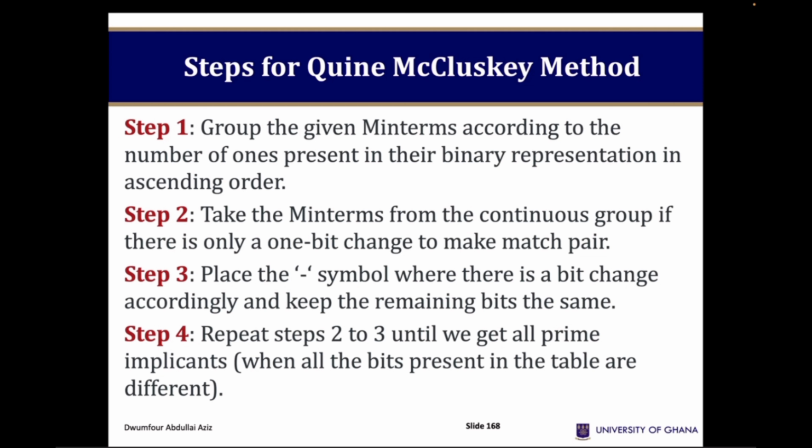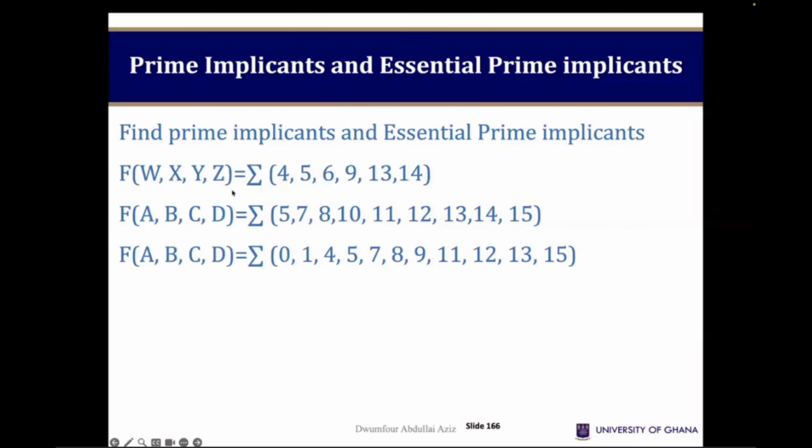So we are going to write each of the minterms in its binary form. For instance, this is an expression given to us, and these are the minterms in the expression. So we write each of these minterms in its binary form, right?